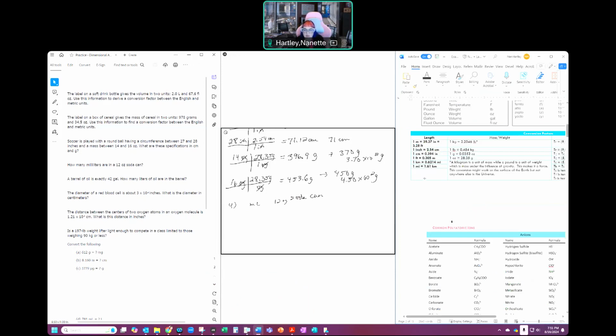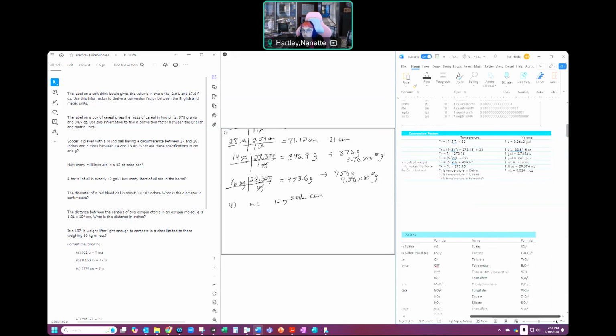And what am I looking for? How many milliliters are in an ounce? Milliliters and ounces. I see mass and weight. I scroll over a little bit to see if I can find temperature, volume. 1 milliliter is how many centimeters? And I see milliliters and fluid ounces.